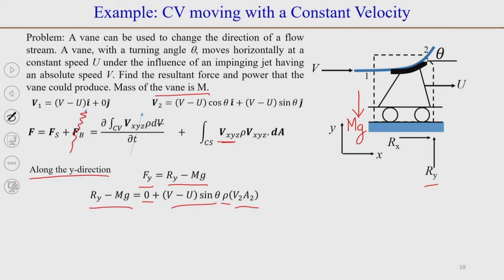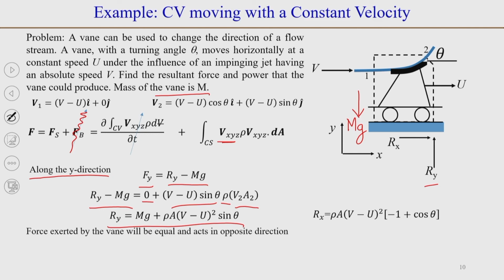So, we will have R y minus m g equal to rho a v minus u squared sin theta, and we can take m g on the other side. So, we will have an expression for R y. Now, we know R x and R y, and that will give us the reaction force. The force that the vane will exert will be equal to this, but in the opposite direction.